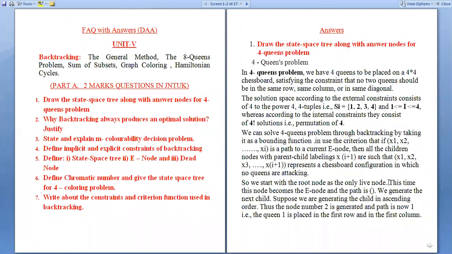So we have the root node for the tree. This node becomes the E node and the path is the empty set. We generate the next child. Suppose we are generating the children in ascending order.